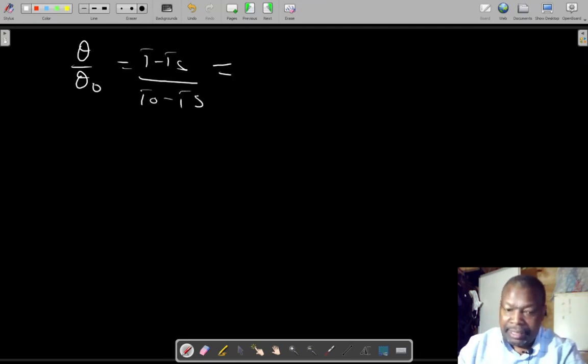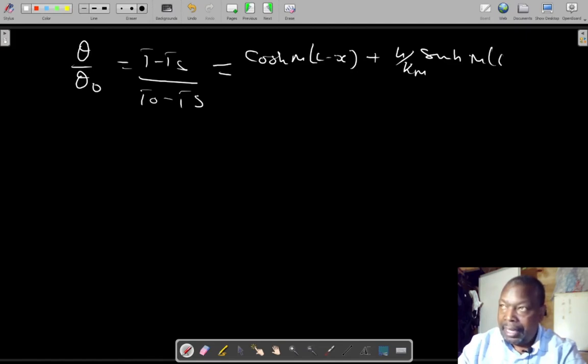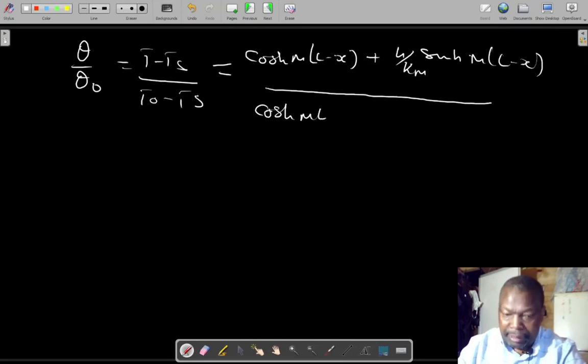And you can get it as cosh of m(L minus x) plus h over km sinh of m(L minus x), divided by cosh mL plus h over km sinh mL.